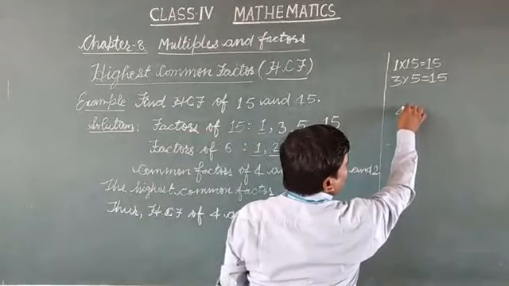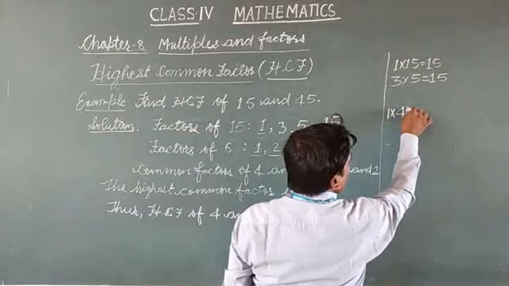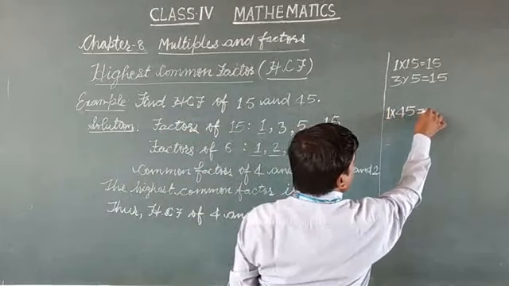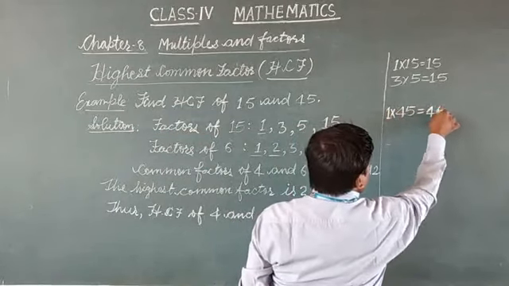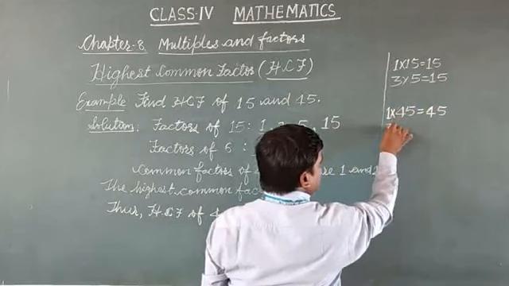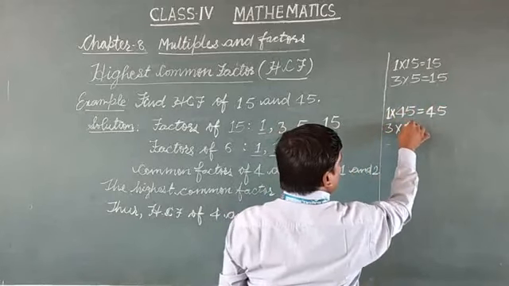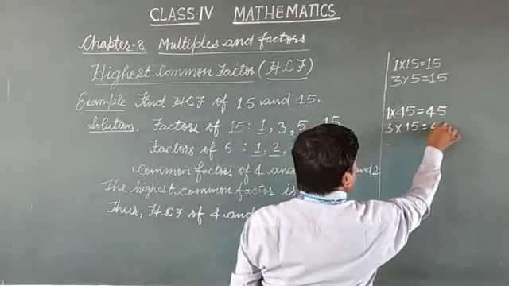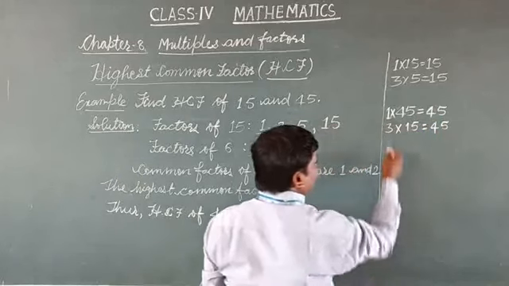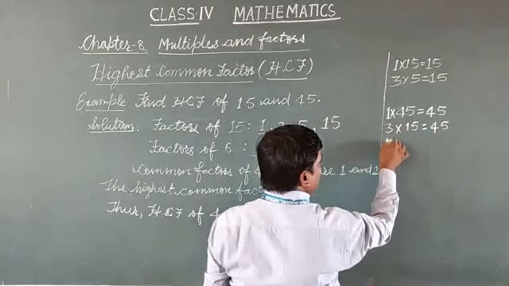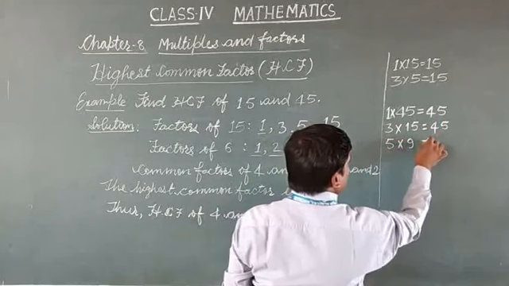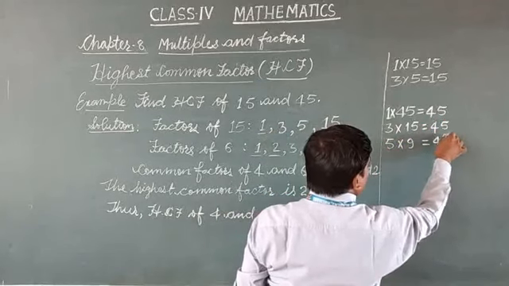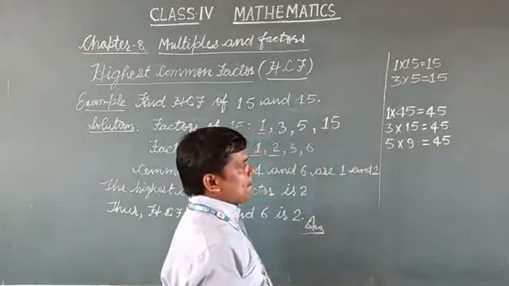So we have 1 into 45, which is 45. 45 by 2 is not divisible, so 3 into 15. 45 by 4 not here, 5 into 9 is 45.